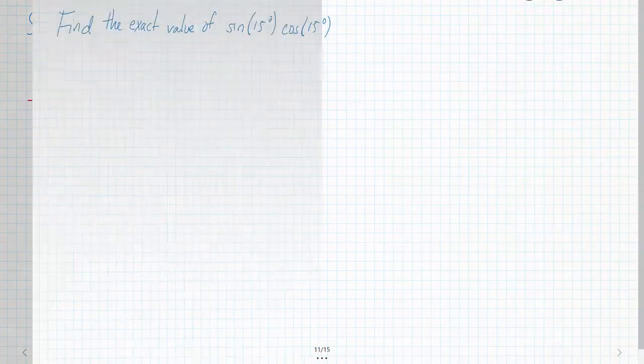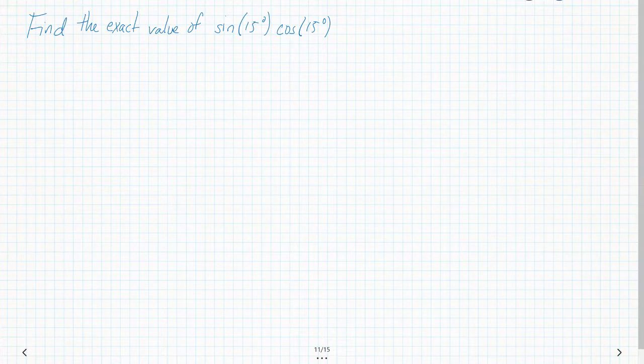So, okay, let's work with this one. You have sine of 15 degrees and cosine of 15 degrees. We don't know what 15 degrees is, but notice that you have something that has both of those.